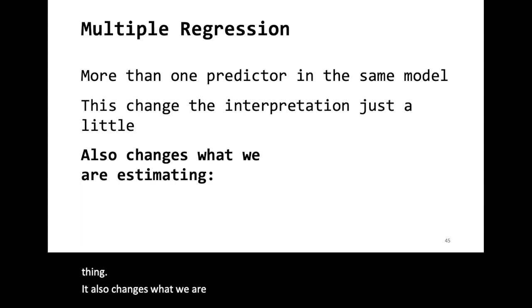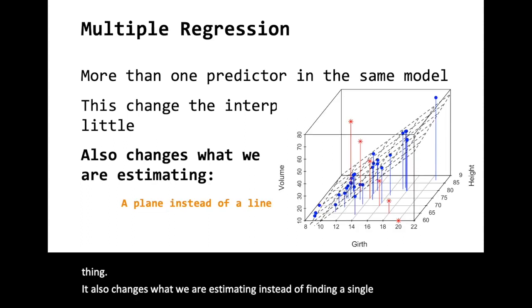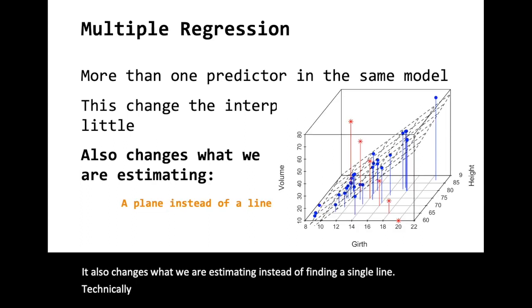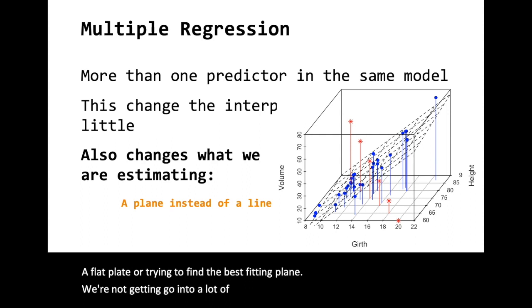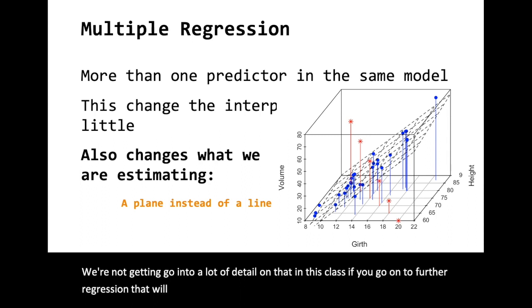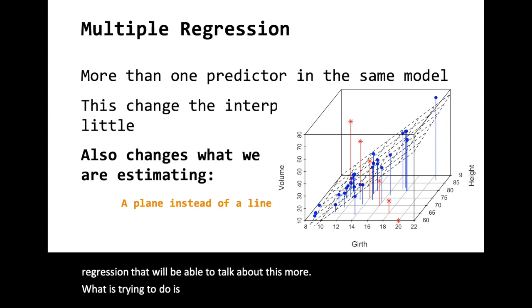Instead of finding a single line, technically we're finding a plane, like a flat plate. We're trying to find the best fitting plane. We're not going to go into a lot of detail on that in this class. If you go on to further regression, we'll be able to talk about this more. What it's trying to do is still find the best fitting slopes that tell us the most about the data.